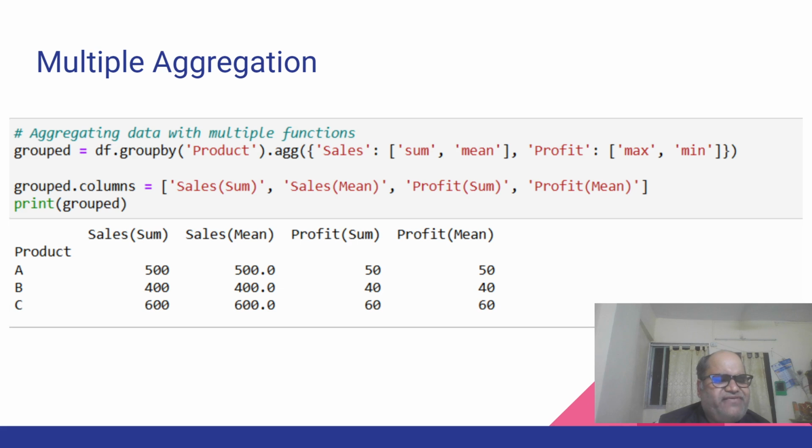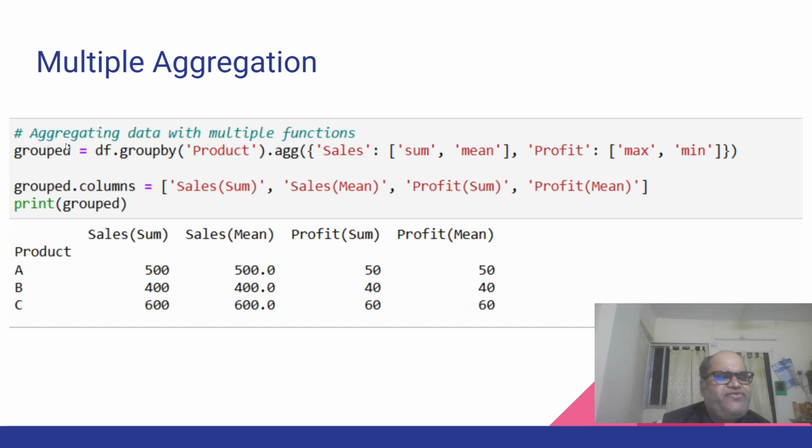But imagine if there were two A's here, maybe one having sales of 500 and another having sales of 400. You can assume that your sales sum, mean, or profit mean would have been accordingly computed. What is happening here is you are applying sum and mean on sales.